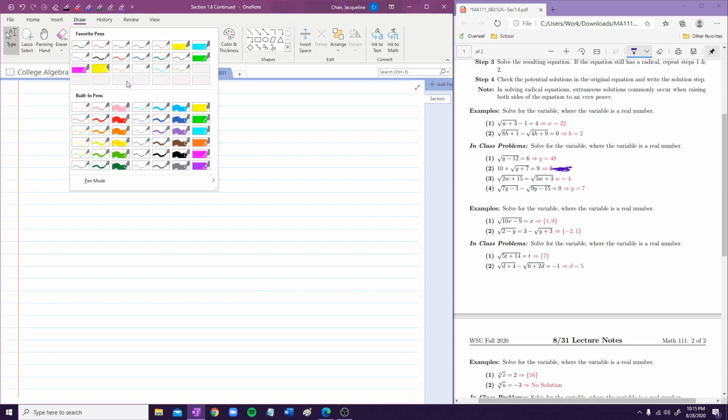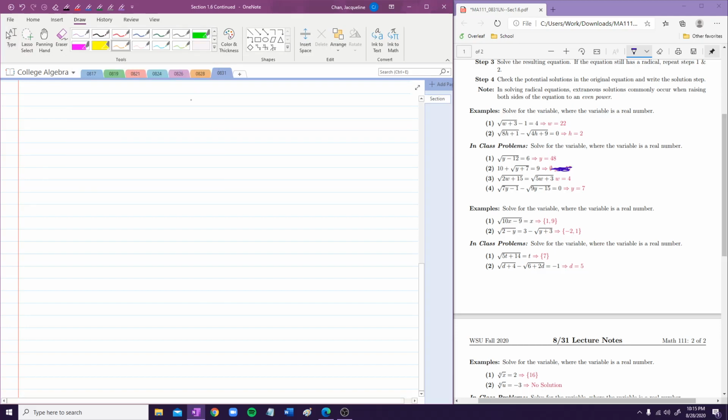Right, so I'm going to use a different color. I'm going to use orange this time. Same thing, we still want to solve for the variable, but these are just a little bit different scenarios. First things first, we want to make sure to isolate the radical.